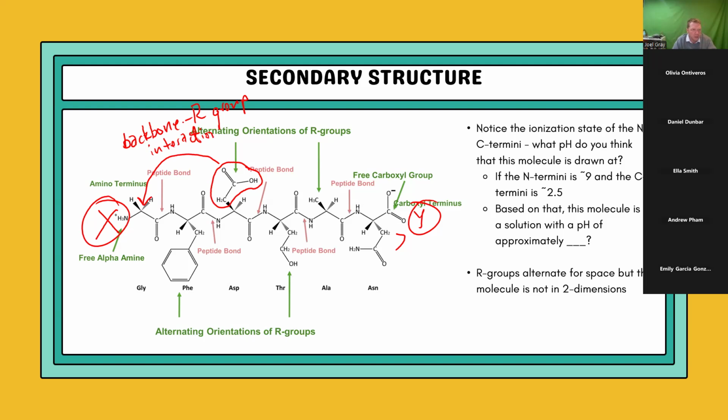Does that make sense? Okay, great. So when we talk about backbone R group interactions, because they relate to the R group, that's going to be reserved for tertiary structure. So that's not a part of the secondary structure.